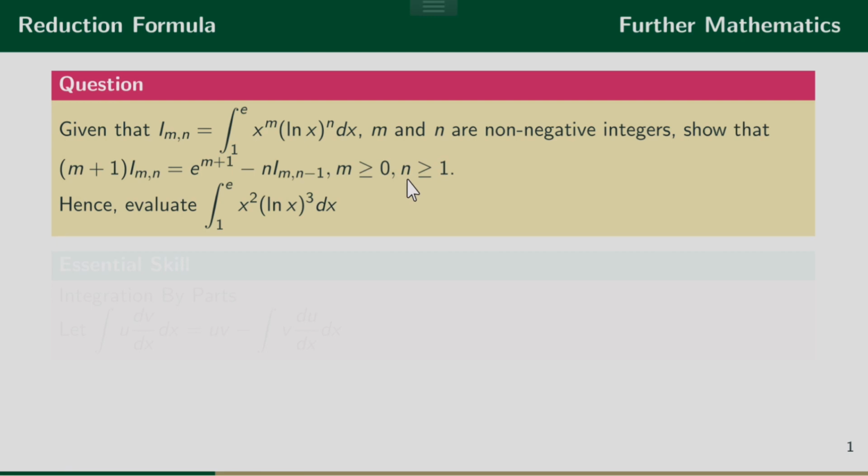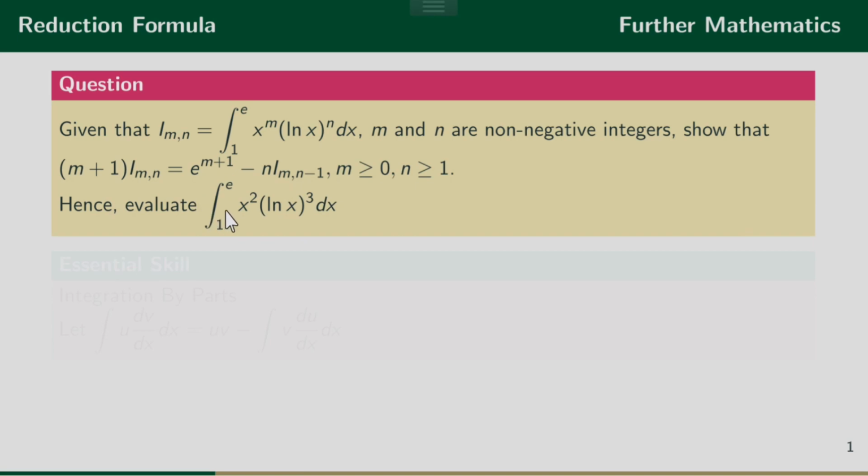So they're essentially asking us to show the reduction formula for this integration, and let us use this reduction formula to further evaluate and find the value of this integral.